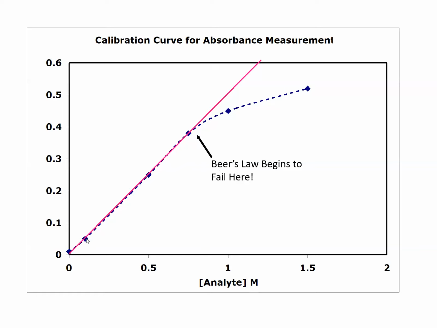You have this other point here, and another one here. Beyond this number here, it's no longer linear. Notice you can draw this purple line. At this point here, Beer's law begins to fail. So it's better to work within this linear range than outside the linear range.